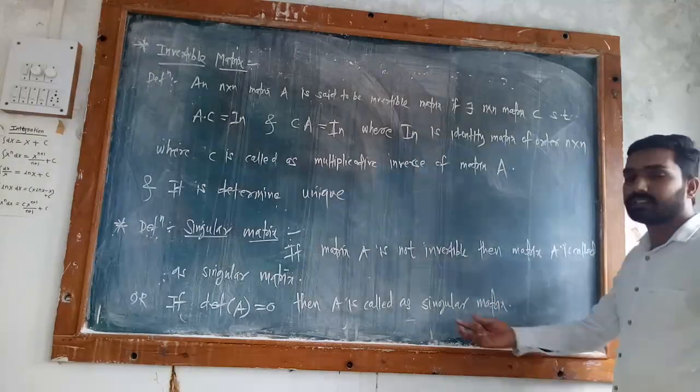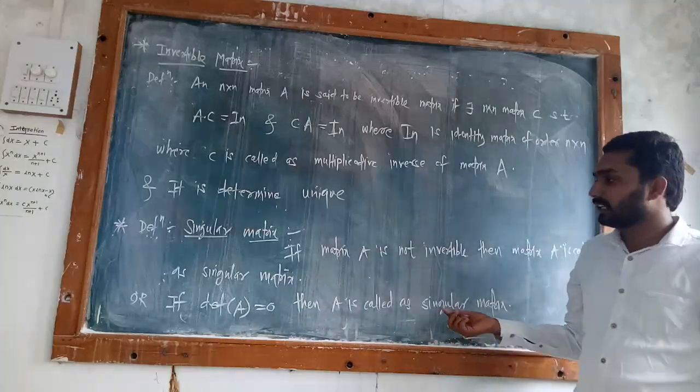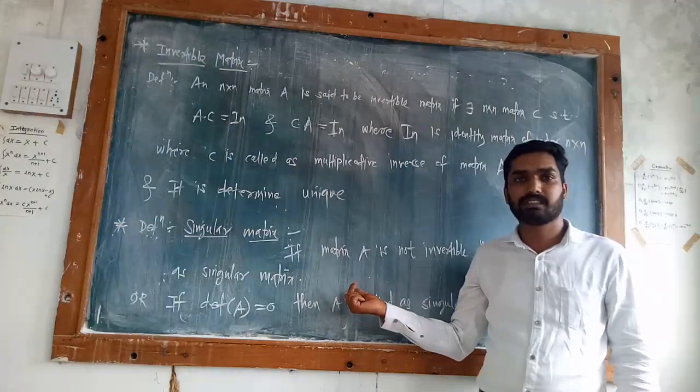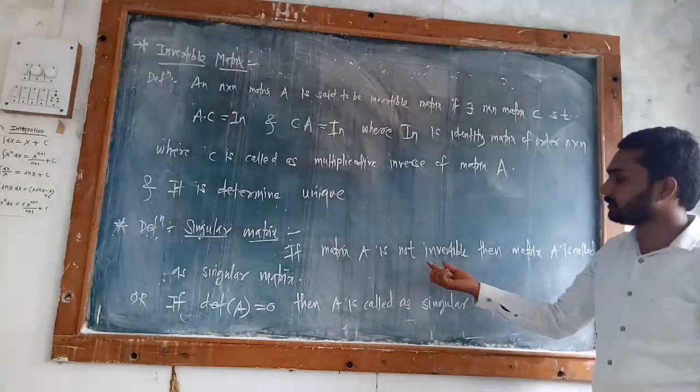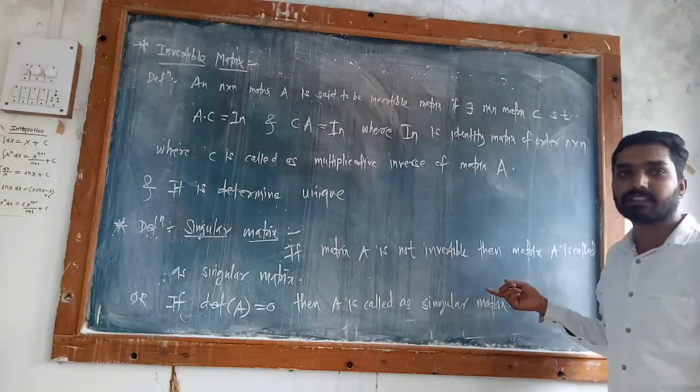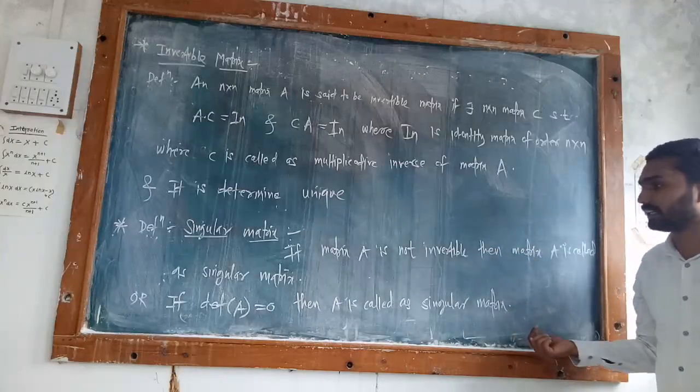That means if the determinant is 0, its inverse does not exist. If the inverse does not exist, that means this matrix is not invertible, then this is called a singular matrix.